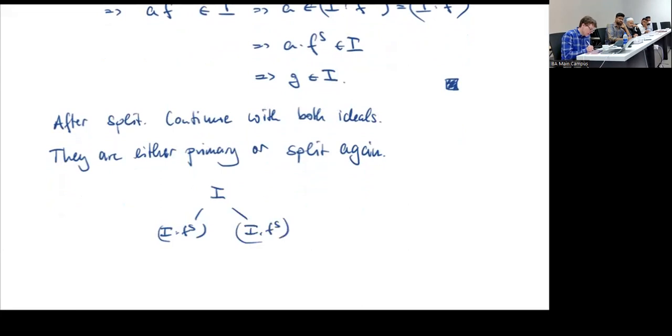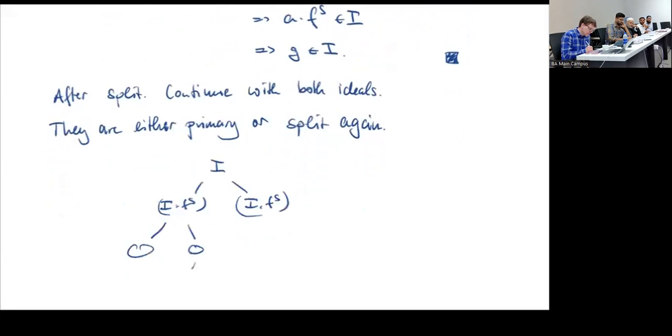So maybe one is primary, the other one splits again, and maybe this one is primary and this one splits again. So you build one of these trees, and the intersection over all the leaves of the tree, because each ideal here is the intersection of its two children.